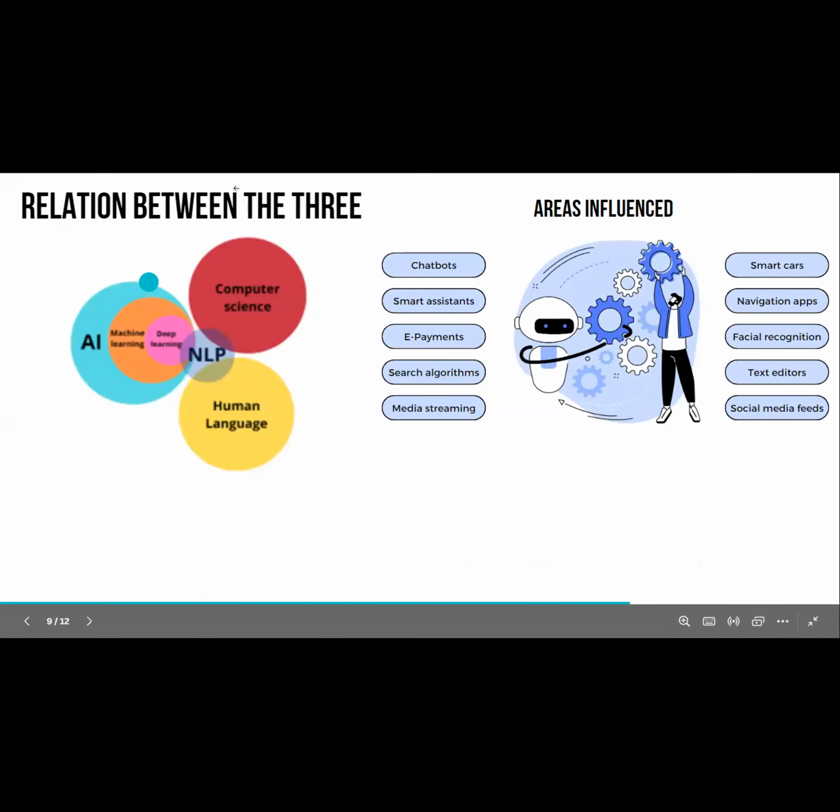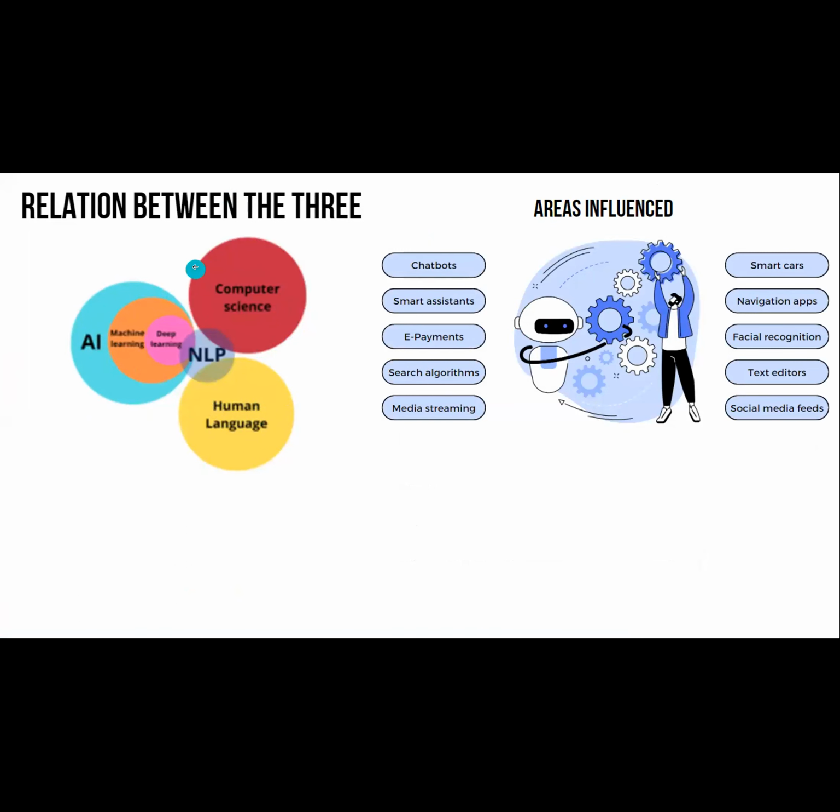Okay. Now, what is the relation between the three? If we concentrate on this particular diagram, you can see AI is the superset of machine learning and deep learning algorithms. And we have computer science as one set and human language as another set. Now, when AI, computer science, and human language join hands, we get a new thing called NLP.